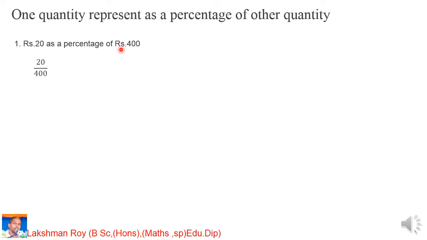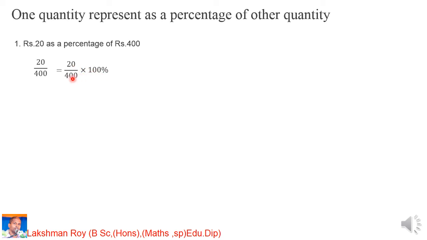Both in rupees, so this is the fraction, 20 over 400. Now you know how to make a fraction as a percentage. The easy way is to multiply by 100%. How to simplify?